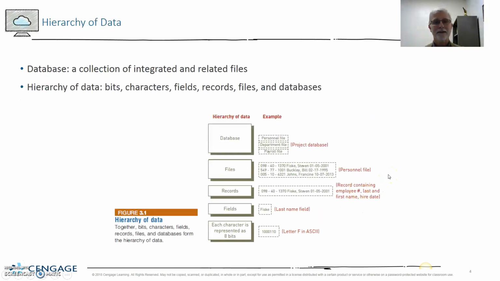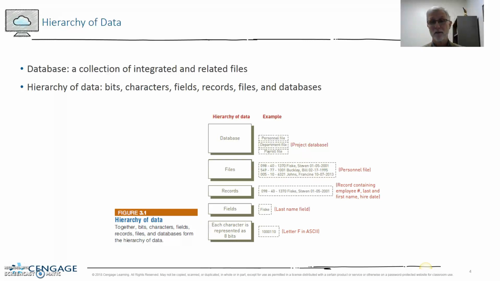Now, some of you have been in computers long enough to know that there's a relationship between data all the way down at the machine level, where it's bits, zeros and ones, electronically on or electronically off. Bits turn into characters, which are basically 8 bits.